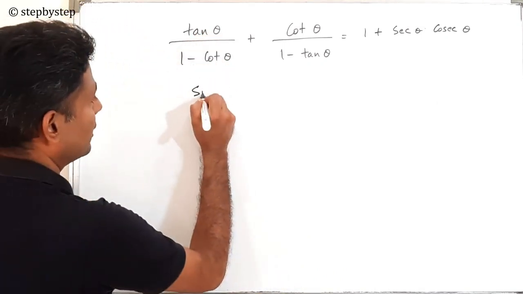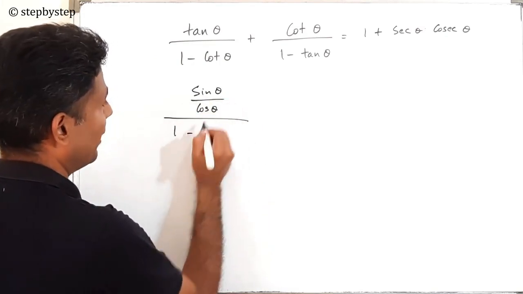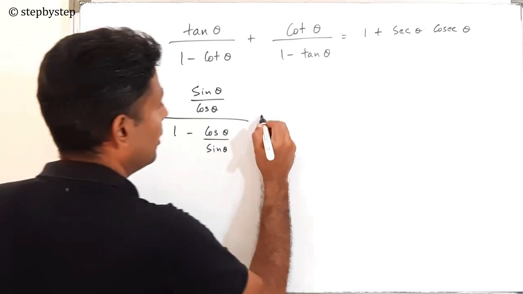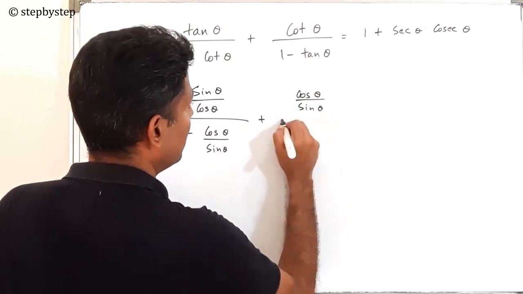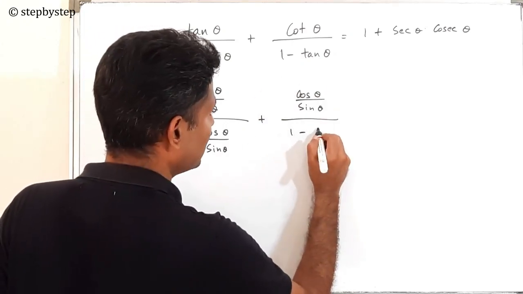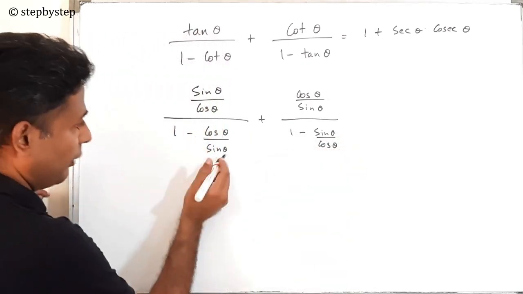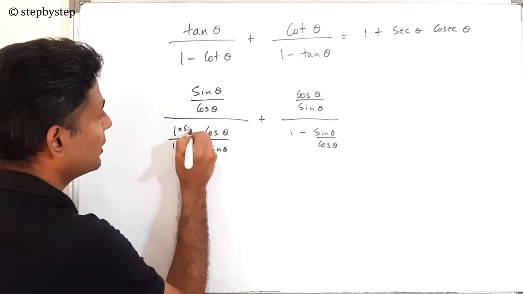Now tan theta, sin theta by cos theta whole by 1 minus cot theta by sin theta, plus cot theta is cos theta by sin theta by tan theta, 1 minus sin theta by cos theta. Now if I take LCM here, it is 1 into sin theta, here also it becomes into sin theta.